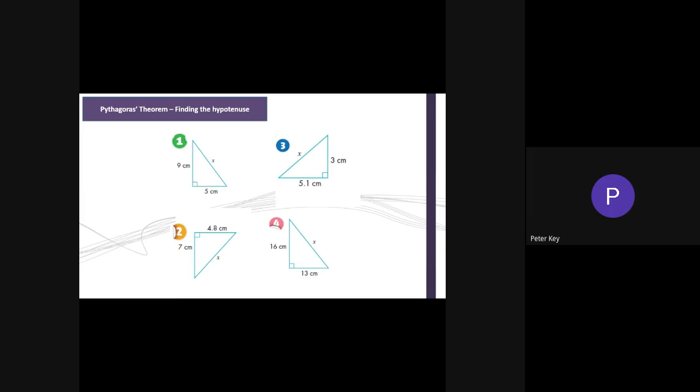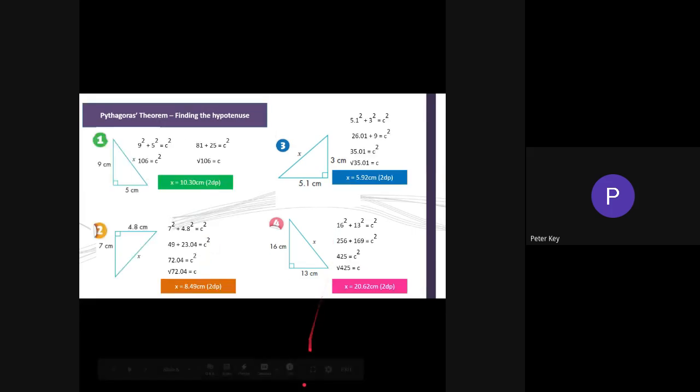So I've rounded these just to two decimal places. Okay. So of course, the first one, we've got 9 squared plus 5 squared equals c squared, and I need to find out what x is. Yeah, x just stands for the hypotenuse.